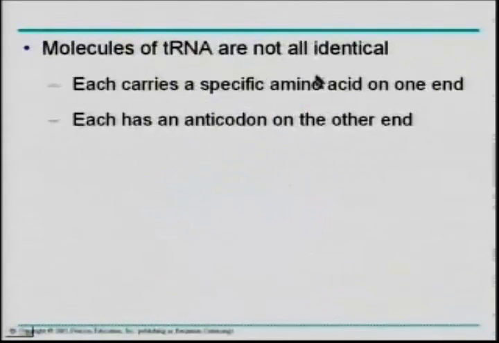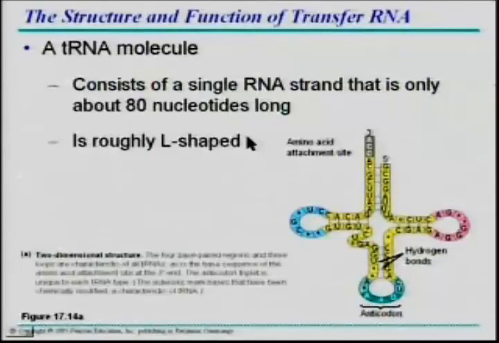So the molecules of tRNA are not all identical. Each carries a specific amino acid on one end. Each has an anticodon on the other end, as we saw in that brief overview. So here the structure and function of transfer RNA is shown. A tRNA molecule consists of a single RNA strand that is only about 80 nucleotides long. We see it here.